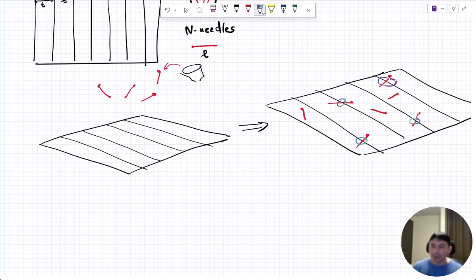And then we're going to do this ratio. We're going to calculate the probability of a needle hitting a vertical line.